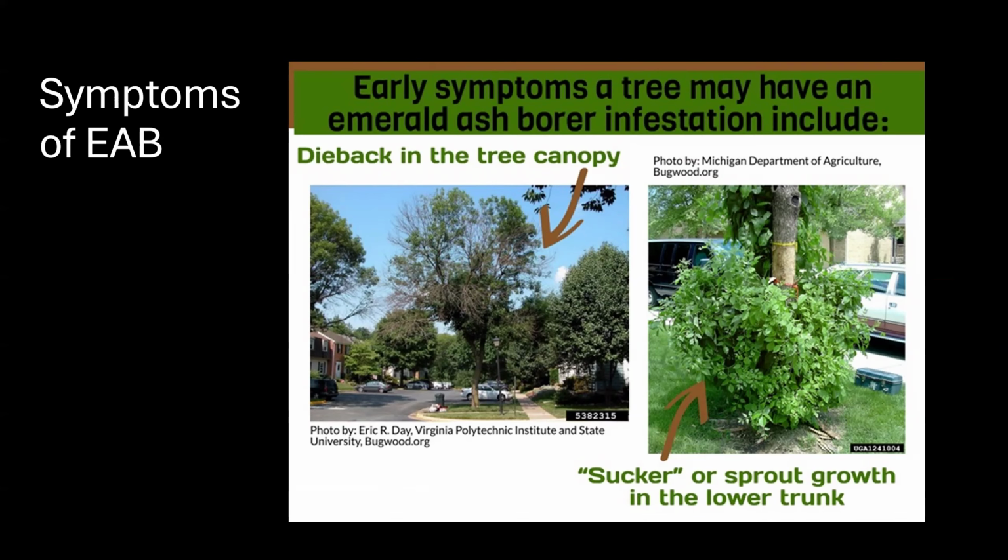I hate to sound all doom and gloom, but we've seen this before with other tree species. We've seen this with Dutch elm disease, chestnut blight, whether it's insect or disease. We're seeing it with our hemlock species from the woolly adelgid.